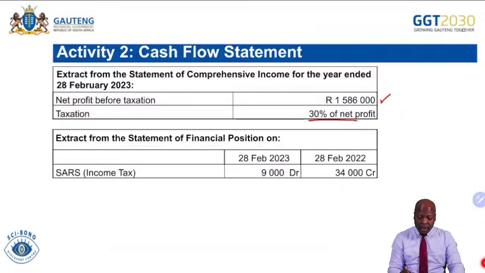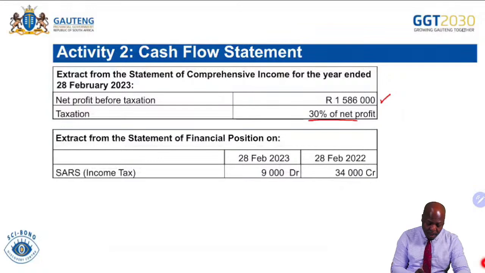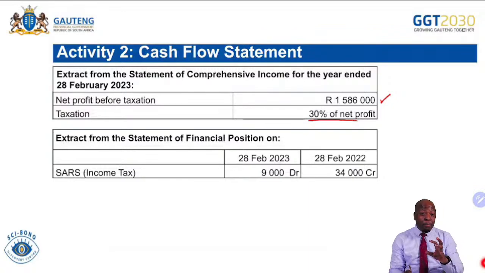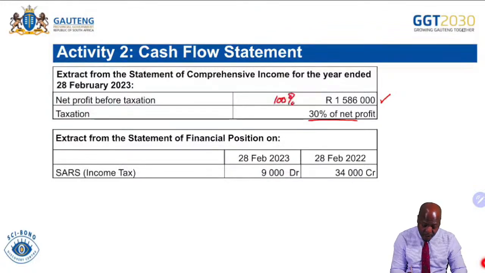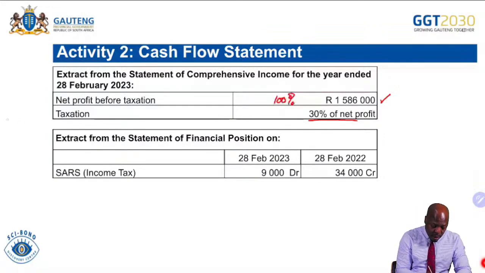But for us, therefore, to get the taxation, what do we do? We simply come here, and what we are given is before tax. Remember, net profit before tax is your 100%. So I'm coming here to say this amount is the 100%. What is it that I want? In this case, I want the 30, but I have 100, and the 100 is equal to 1,586,000.